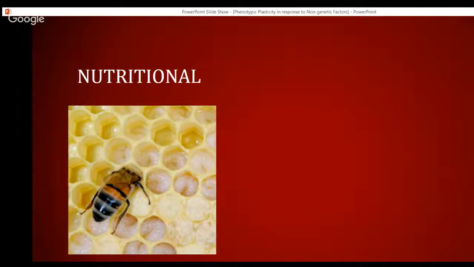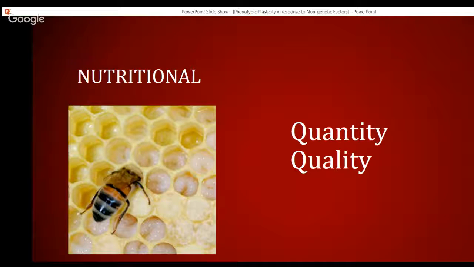In addition, the quantity of food has an impact on caste development. So the greater the quantity of food, usually the larger the organism. So the workers that we saw earlier with the two ants, one of them was most likely fed a lot more than the other, even though they're the same caste. The quality of the food applies to the royal jelly.